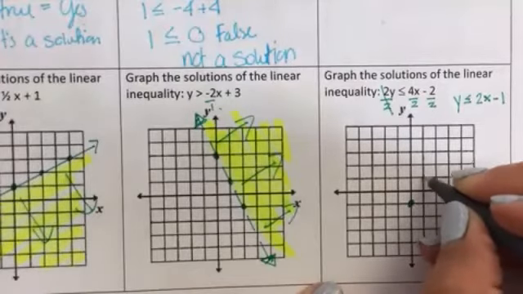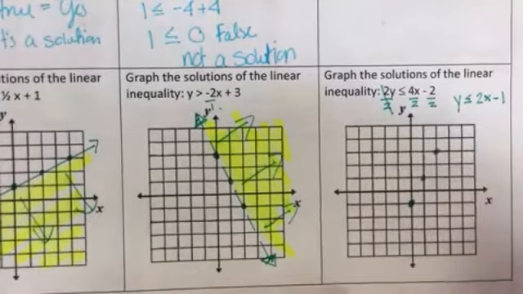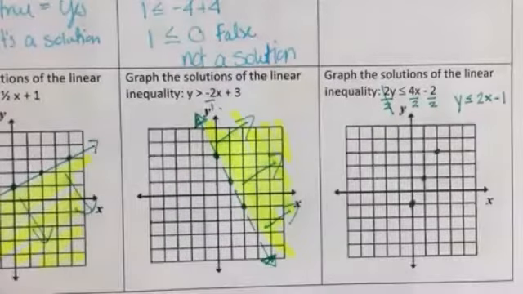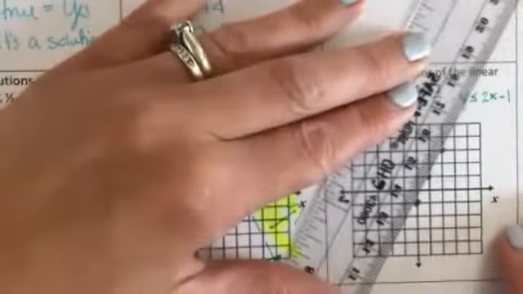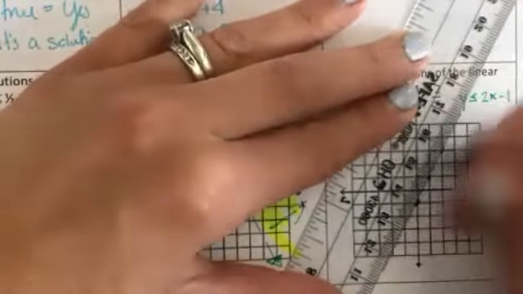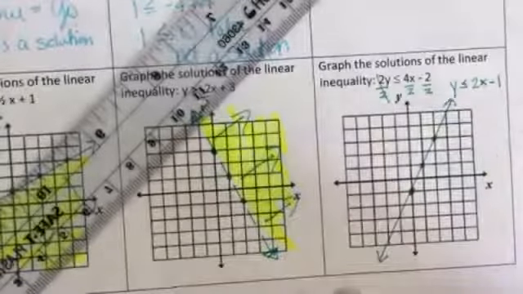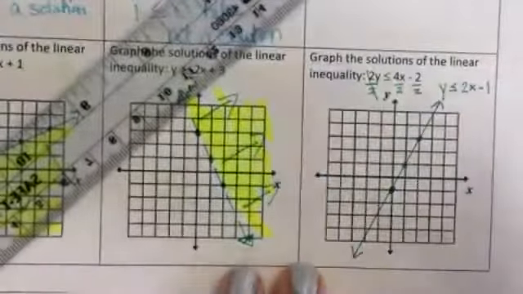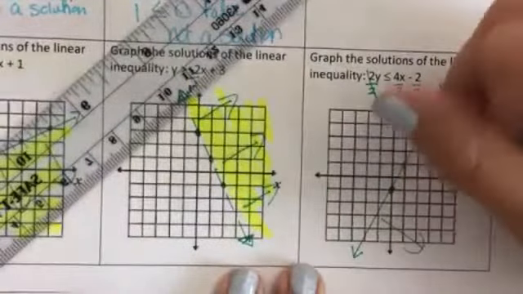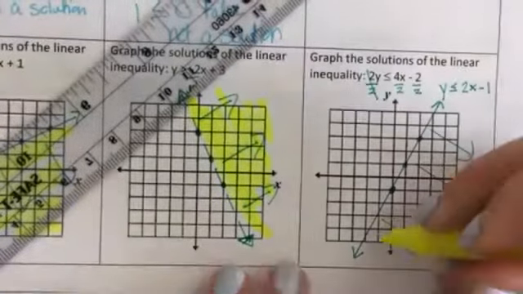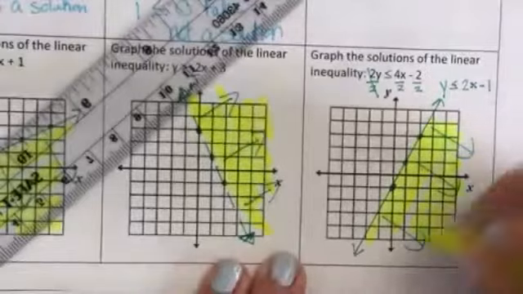I go up 2 over 1, up 2 over 1. Solid line or a dotted line? Solid. Okay. And then it says Y is less than, so do I shade below or above? Below. And that is those.